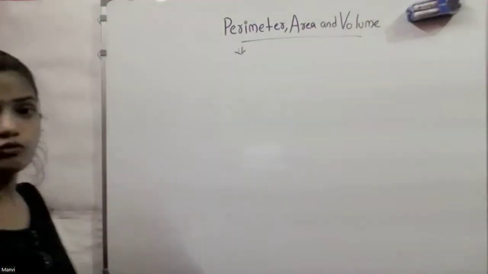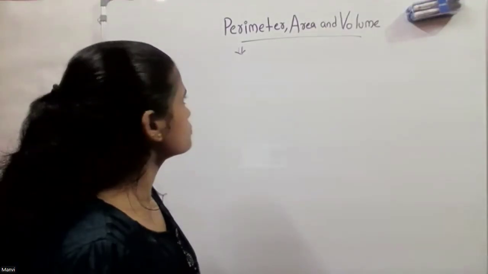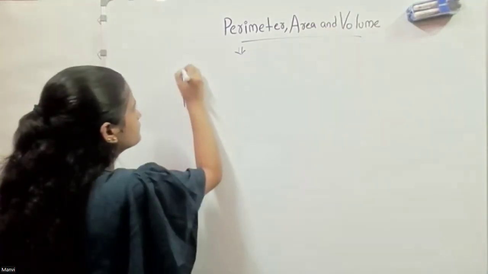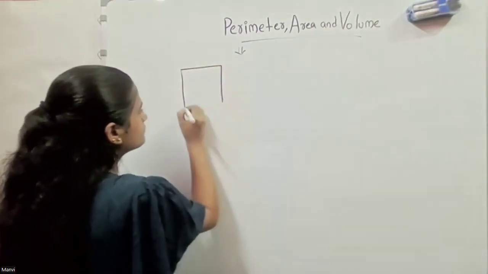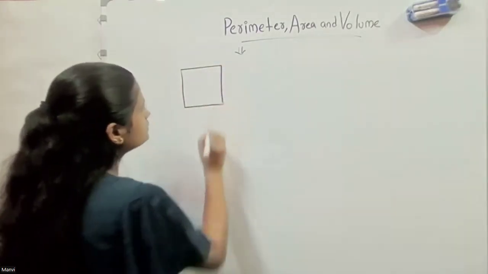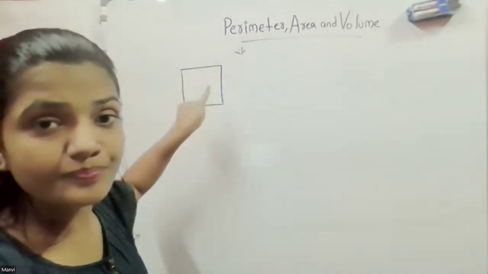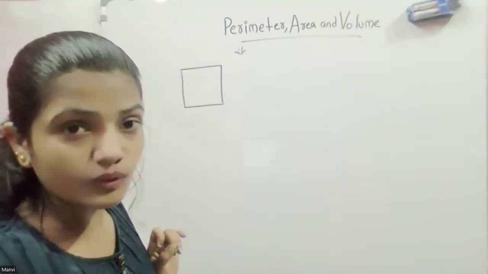For example, let's begin with square. So, Kavya, what is square? Square has four sides and four vertices. Very good. And what's special in square is that all sides are equal.